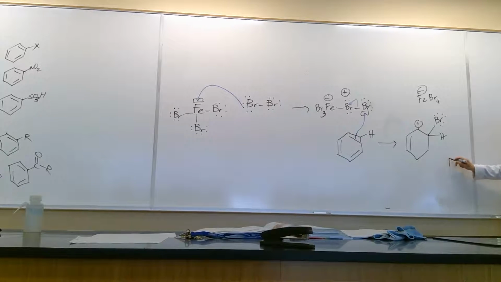We can put FeBr3 here, minus. Okay, so what's going to happen is the bromine takes the H, this goes here, and I missed the counter bond there, and you end up with your brominated benzene.